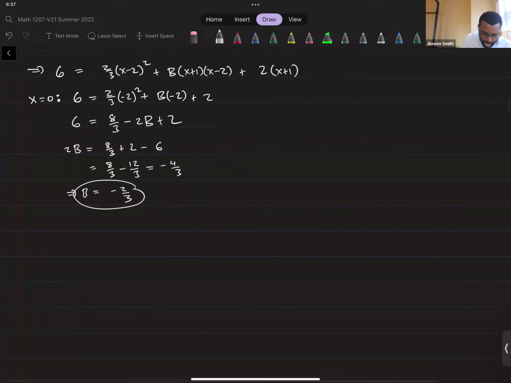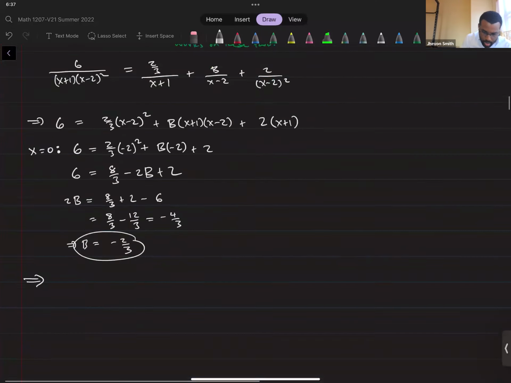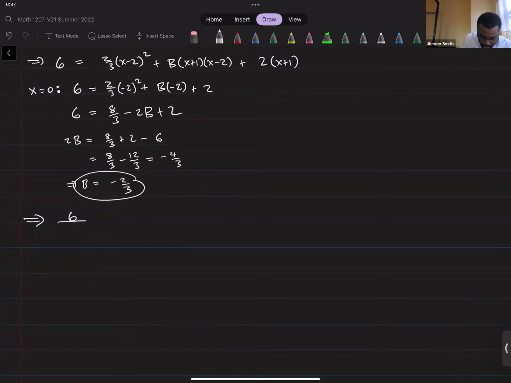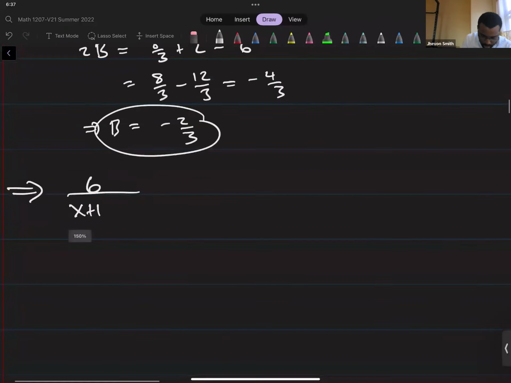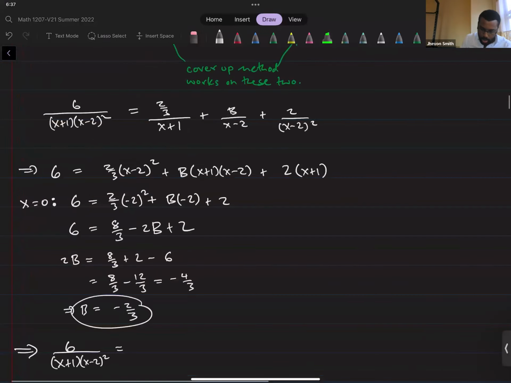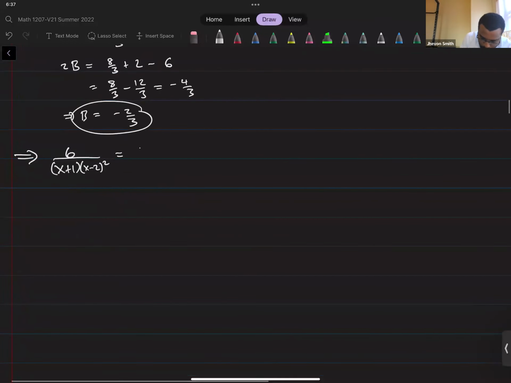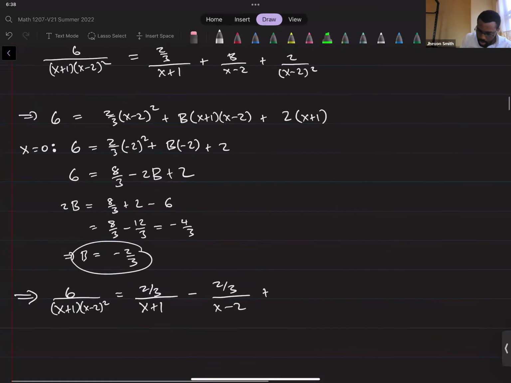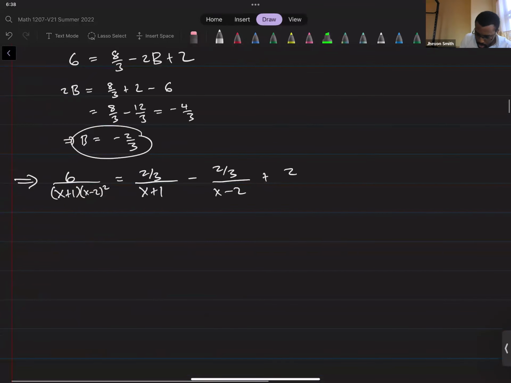And so I can go back in the original, the 6 over x plus 1 times x minus 2 all squared. That's going to be, what were these guys? 2/3 over x plus 1 minus 2/3 over x minus 2 plus it was 2 over x minus 2 all squared.